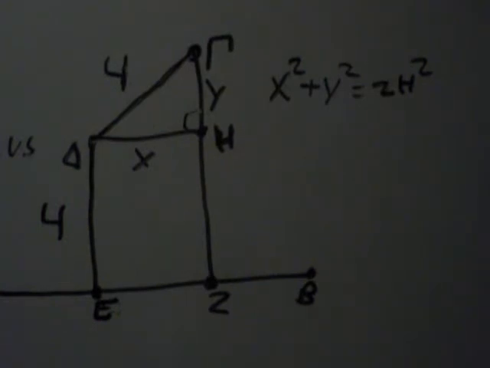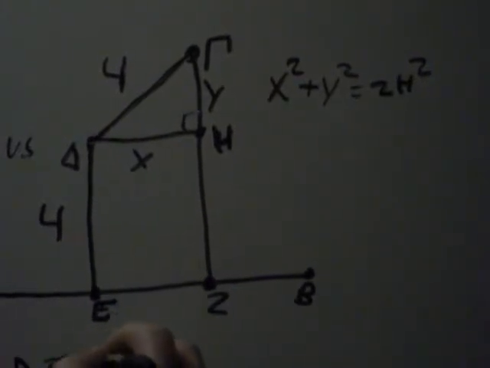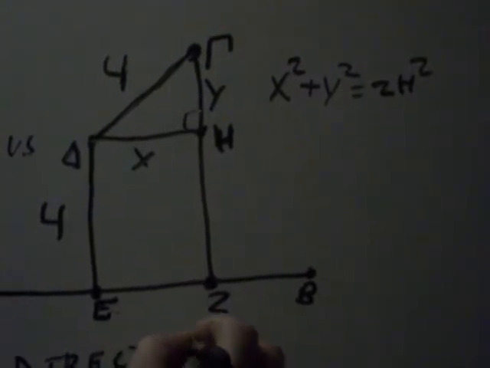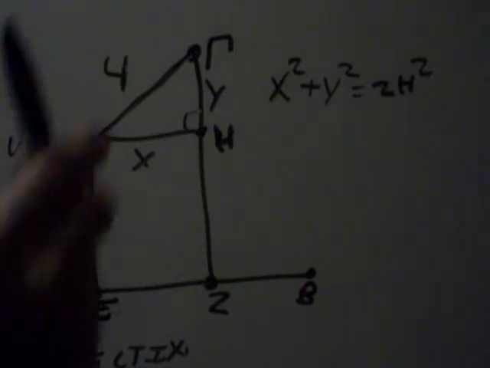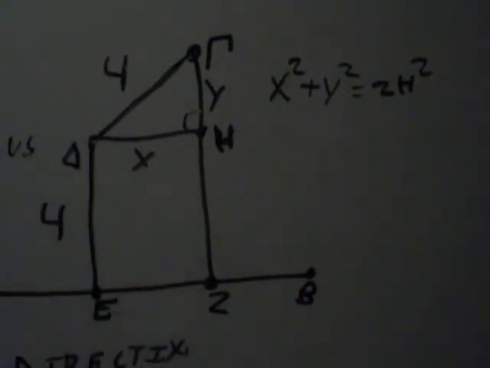Now then, what's AB? Well, I'll tell you exactly what AB is. That is the directrix. Delta is your focus, AB is your directrix. And that's where it all comes from. That's why this proof is so important.